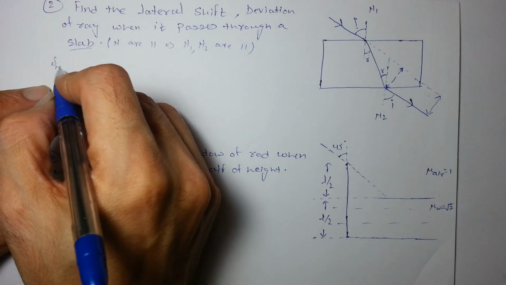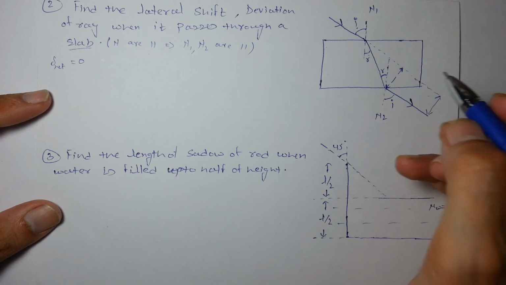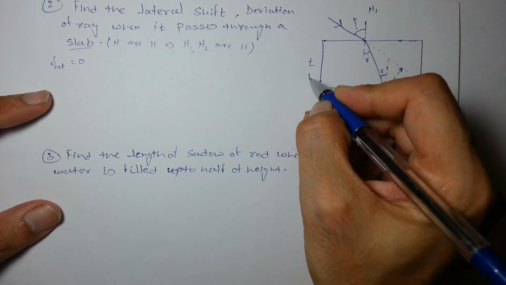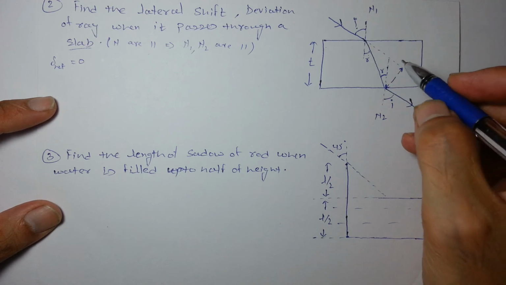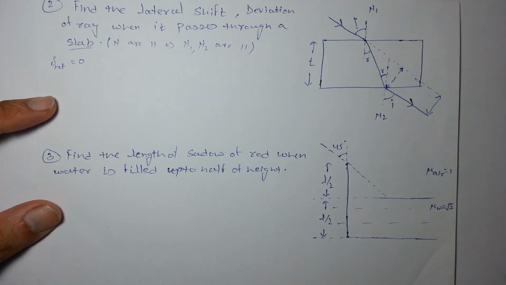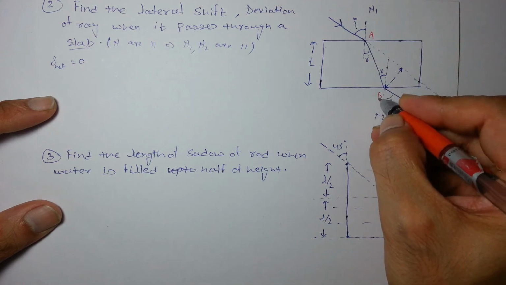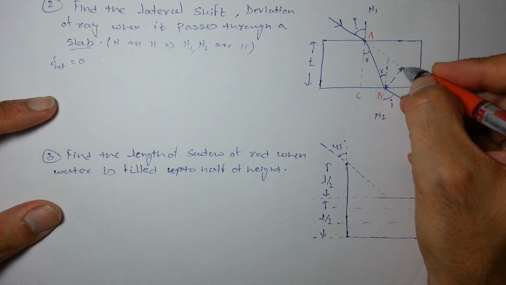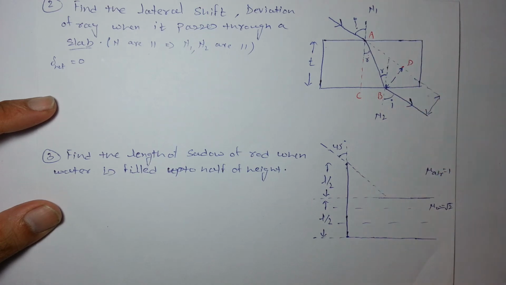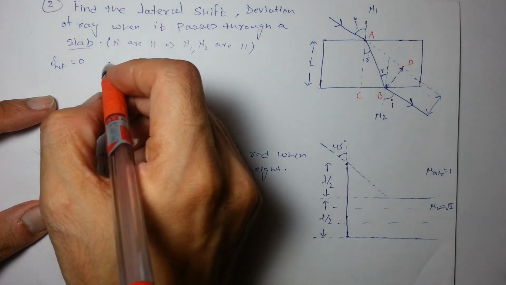Del net is 0. What about the lateral shift? Let's say T is the thickness of the slab. Look at this triangle. Let's name them A, B, draw perpendicular, C, and this is T. So in triangle ABC, I can say how much is AB.